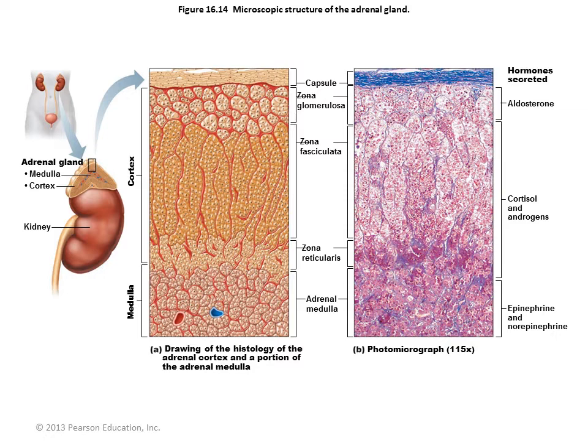Adrenal medulla, the chromaffin cells synthesize epinephrine and then norepinephrine. It affects vasoconstriction, increases the heart rate, and increases the blood glucose levels, and blood is diverted to brain and heart and skeletal muscle.